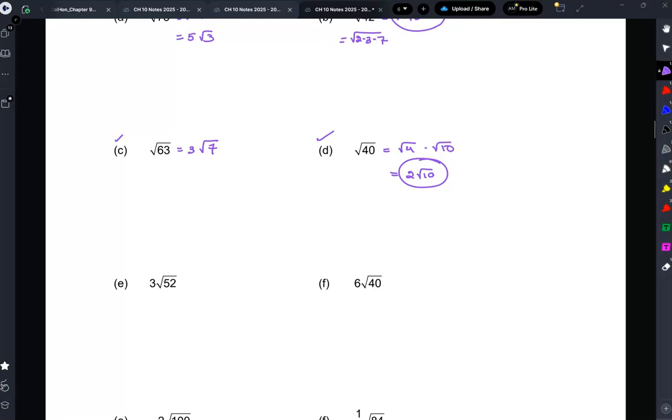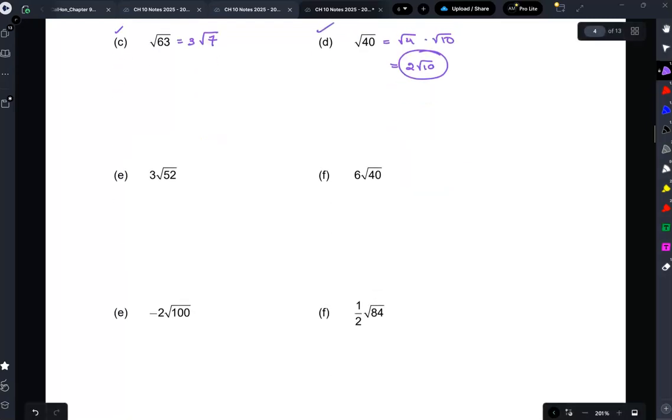Okay. Now the 50, this one. So here, let me take the 52 and I'm going to divide it by 2 and 26. And then this one is 2 and 13. Correct? So here, take a look.